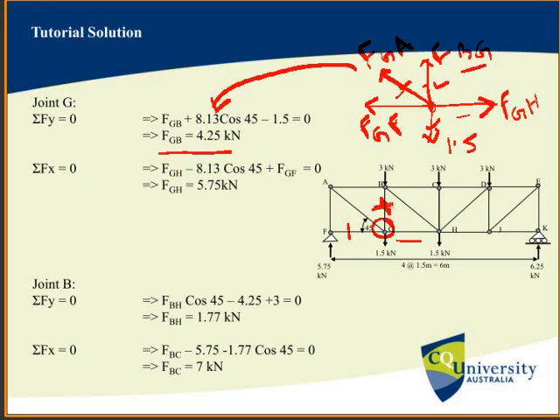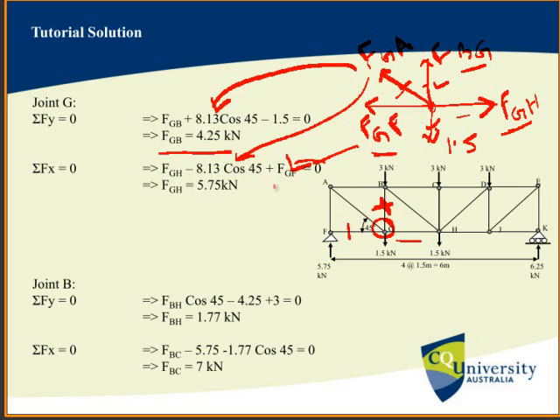After that we will consider the equilibrium equation for summation of Fx equal to 0. In this case we will consider FGH, this force, minus 8.13, again the value of FGA, this is the x component of this force, and then FGF, this force.